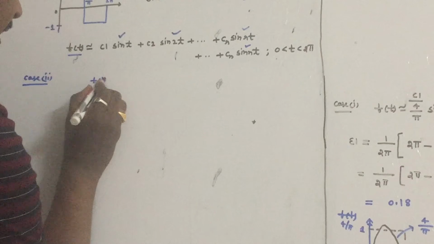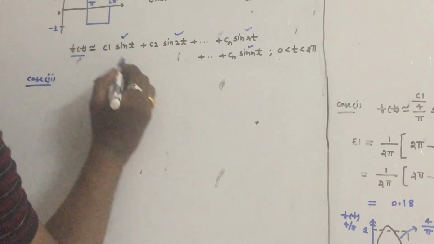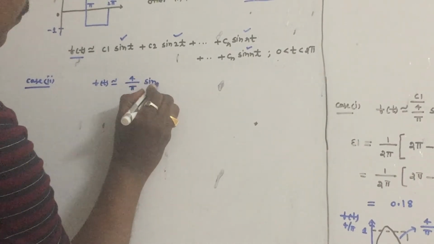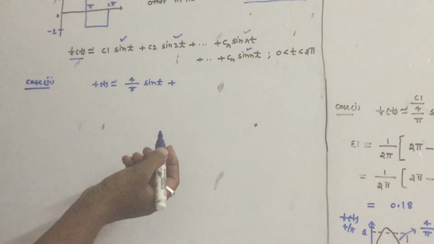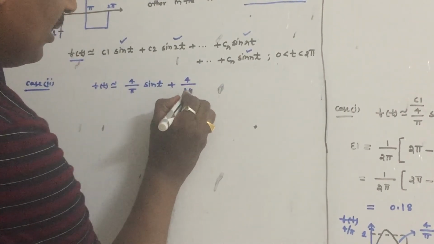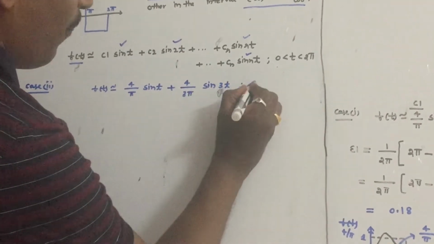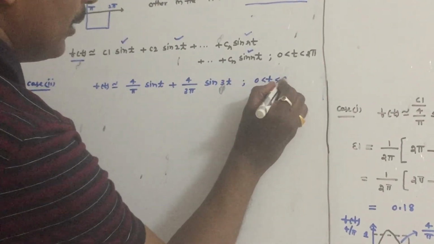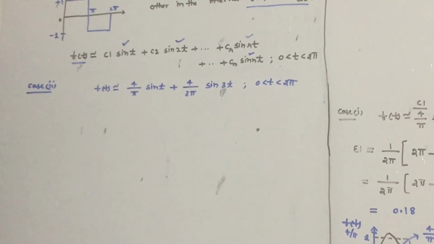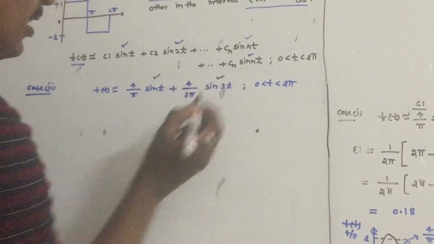So f of t is approximately equal to, as already calculated, C1 is 4 by pi sine t, C2 comes out as 0, C3 is 4 by 3 pi sine 3t. So we are approximating f of t with two orthogonal signals, sin t and sin 3t.